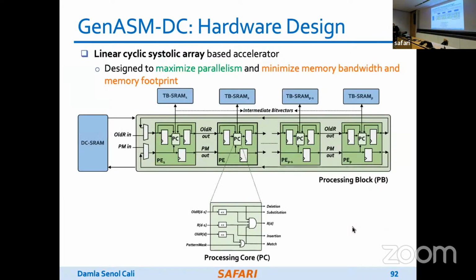The distance calculation part is nothing but a simple logic design, where it identifies the mismatches, insertions and deletions given a vector from the read and the reference genome. But it also features a systolic array design, because what we observe is that once you perform a simple step in approximate matching to identify whether there's a mismatch at a particular position, you move on to the next position to identify again whether there's a mismatch, and so on.